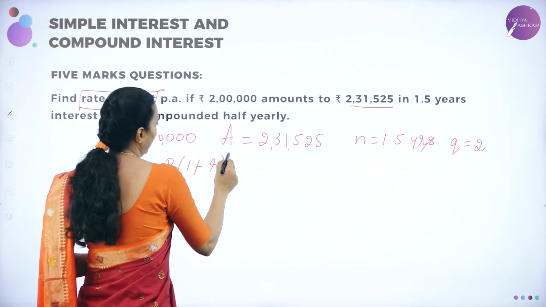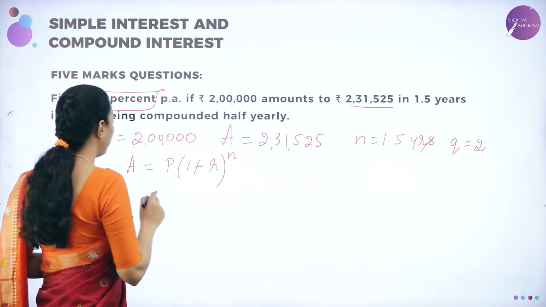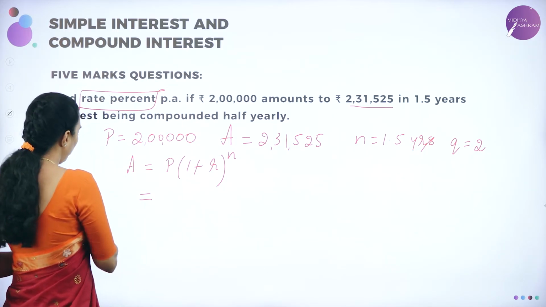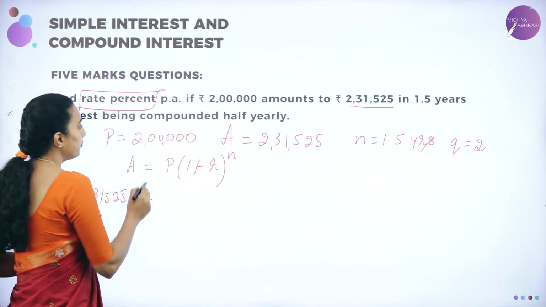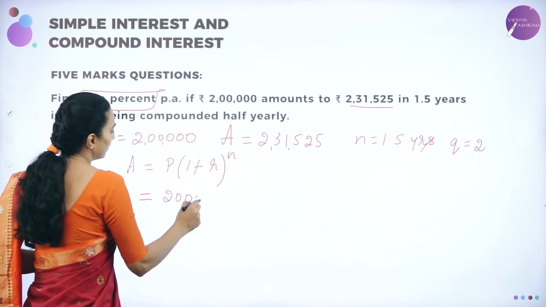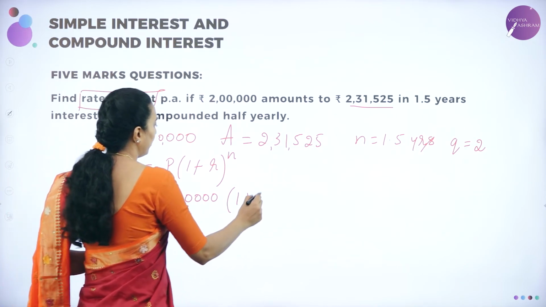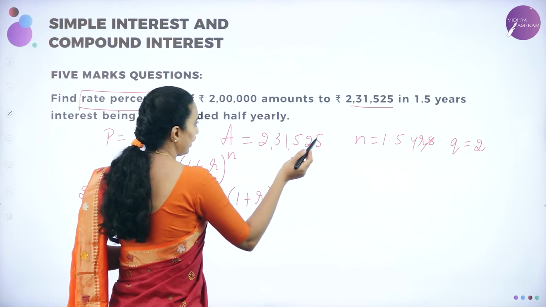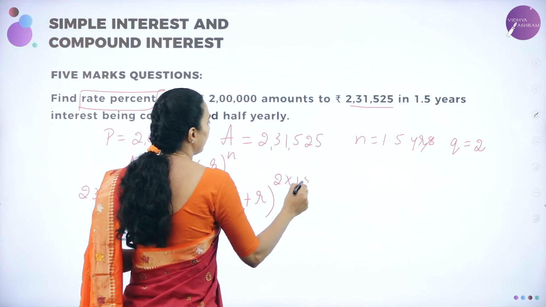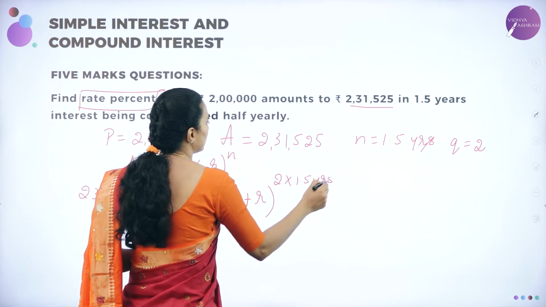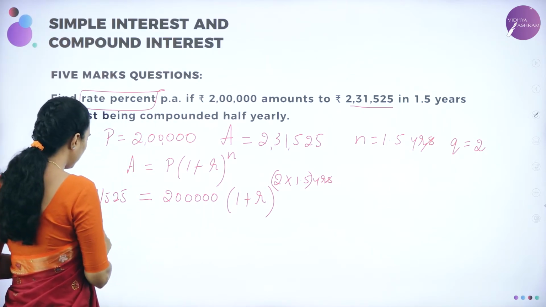N times Q, that is 2 times 1.5. So A is 2,31,525, P is 2 lakh, into 1 plus R, which we don't know, to the power of N. We cannot write N as it is because Q is also given, so 2 times 1.5 years. We need to multiply this, right?